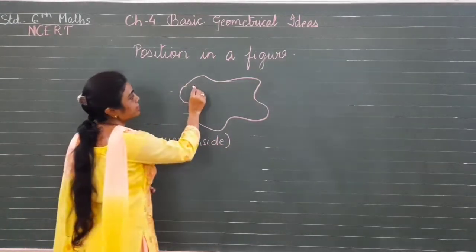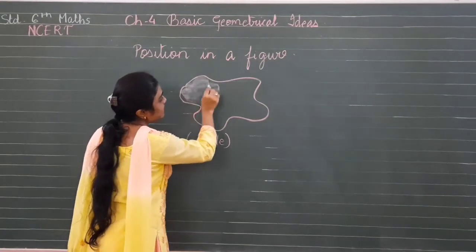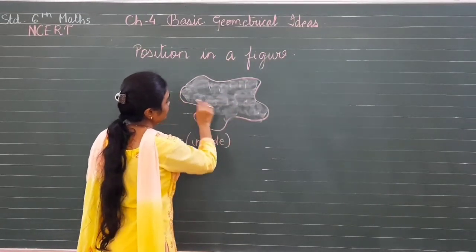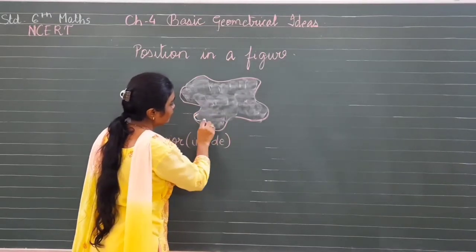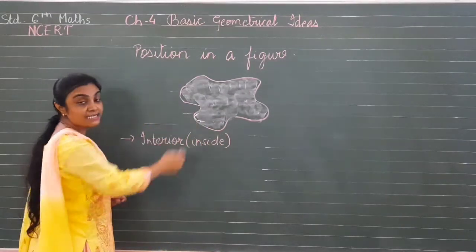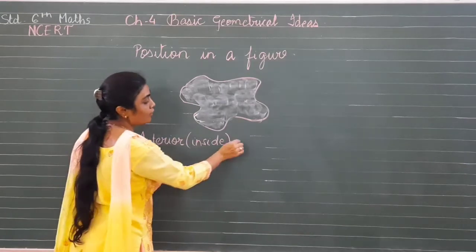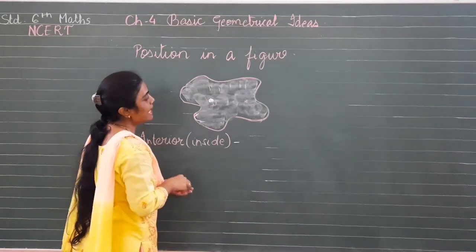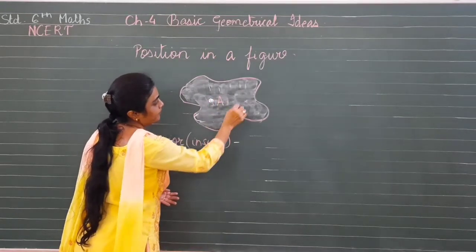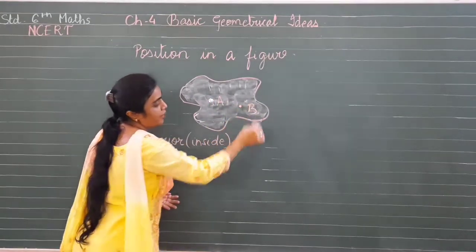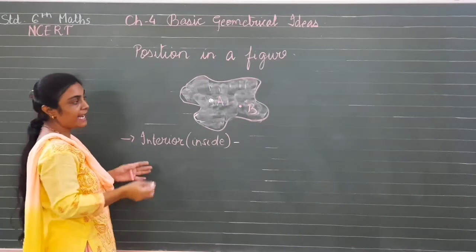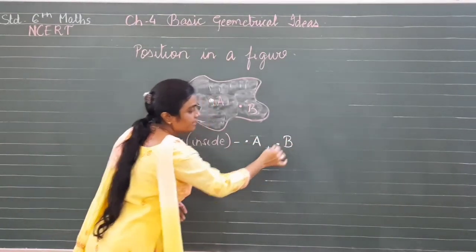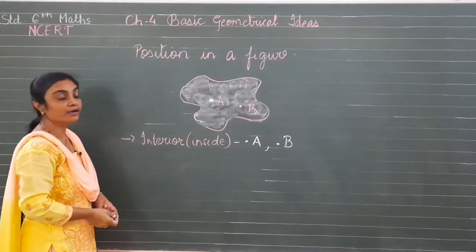That means this region, the inside portion. This is called the interior side. Suppose I am writing here point A, point B. So point A and point B are in the inside of the curve.